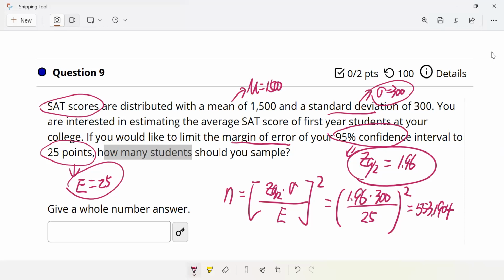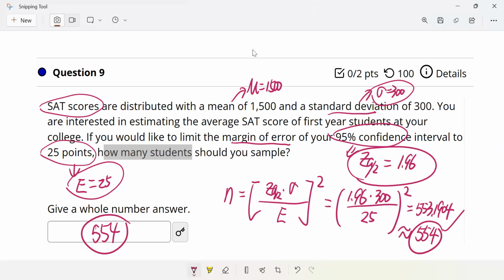And the rounding rule here is we always round up to the next whole number, no matter what, right? So the answer is always going to be more safe, or more conservative. The bigger the sample size, the better your result is. So that's why we always round up to the next whole number.